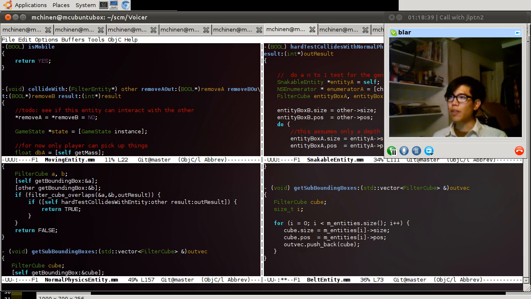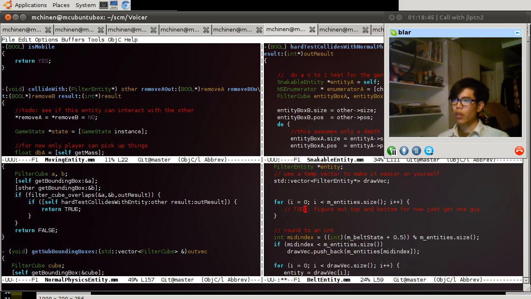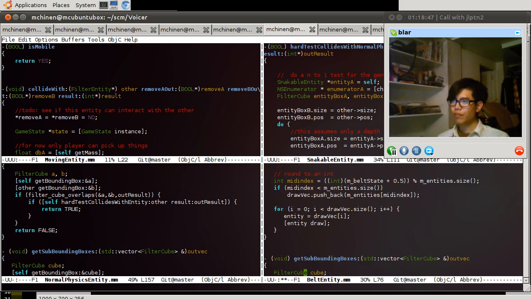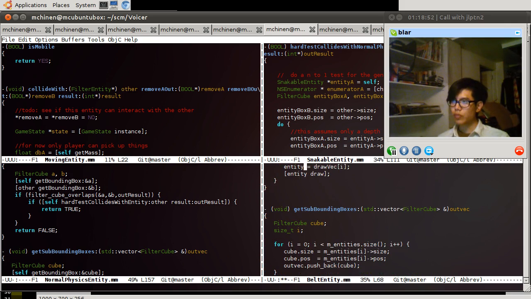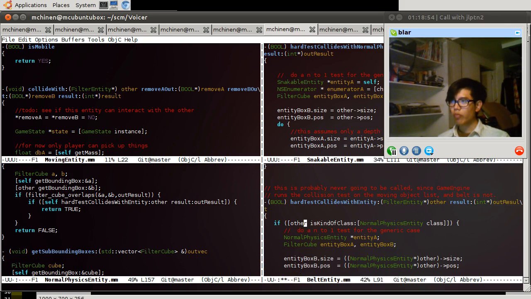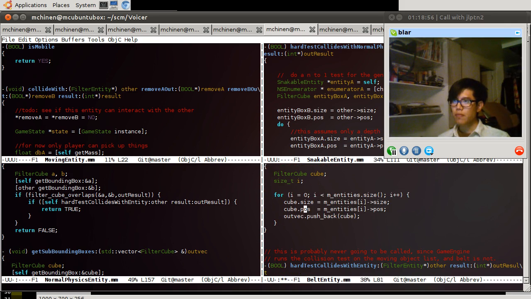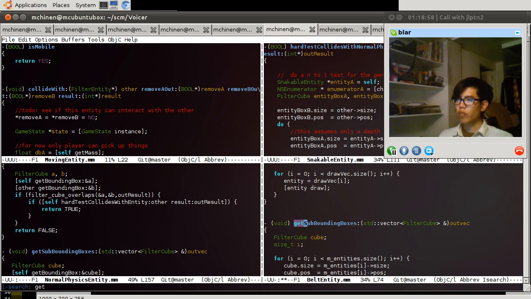So if I commented this out, the thing works. But yeah, there's no get bounding box in built entity.